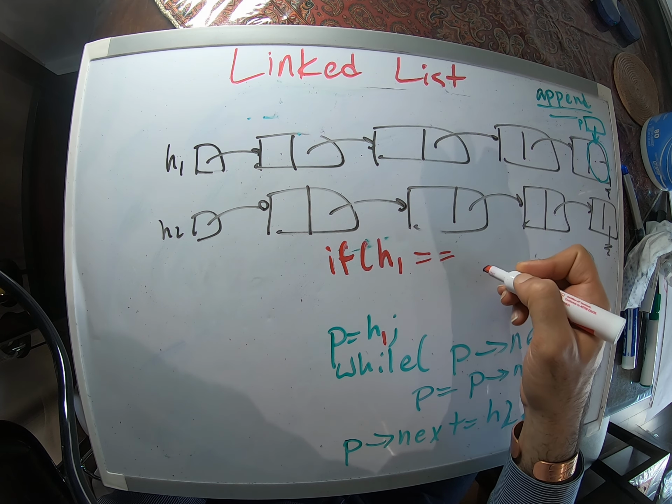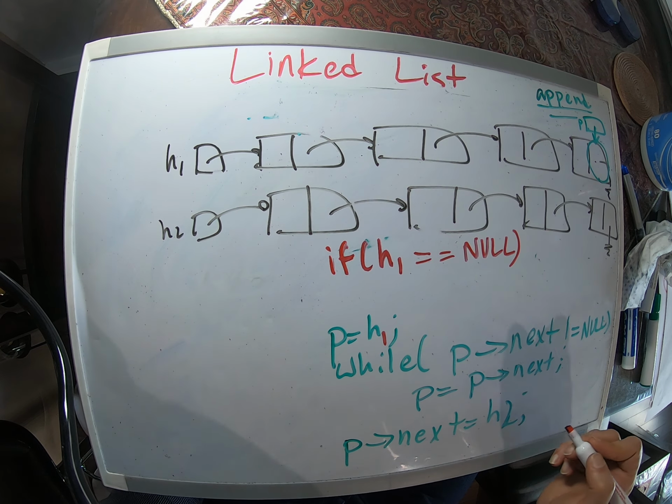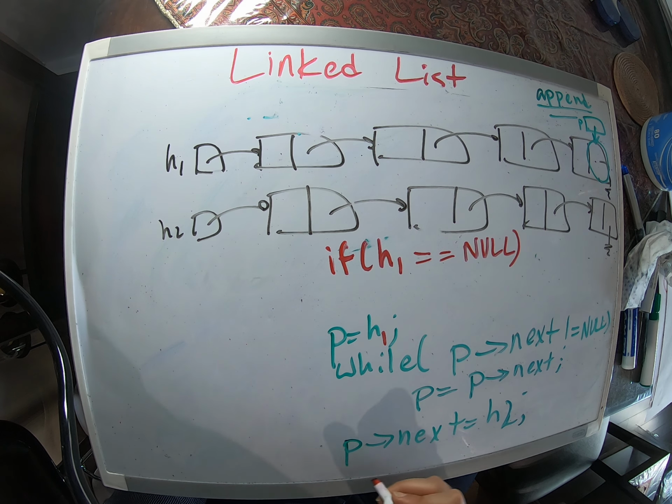If H1 is equal to null, then in this case, when we are done, we want to return H1, right? It's gonna be the head of the new appended linked list.